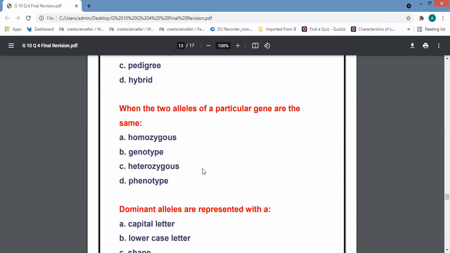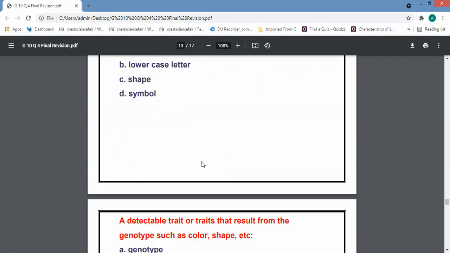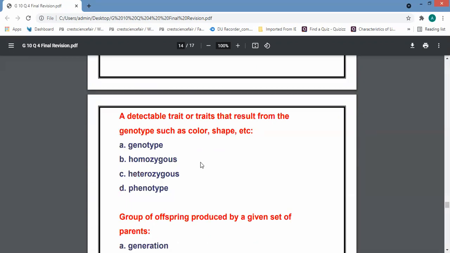When the two alleles of a particular gene are the same, similar, homozygous. Dominant alleles are represented with which one? Capital letters. Predictable traits that result from the genotype, such as color, shape, etc. Phenotype.